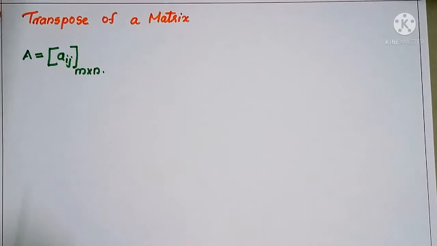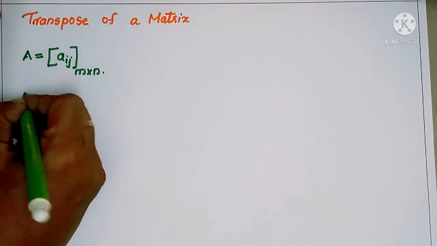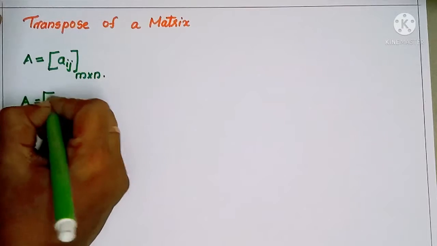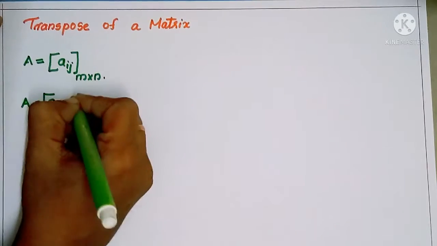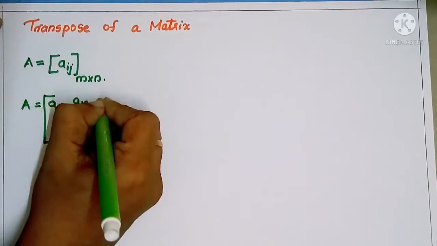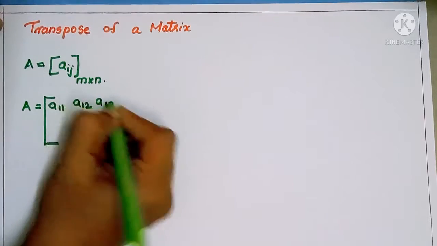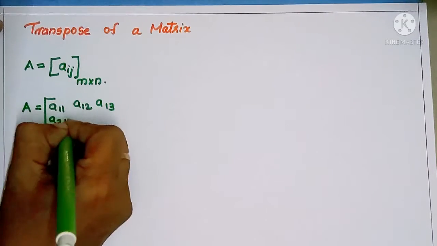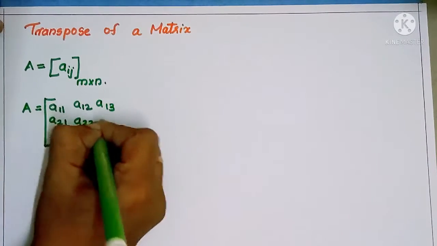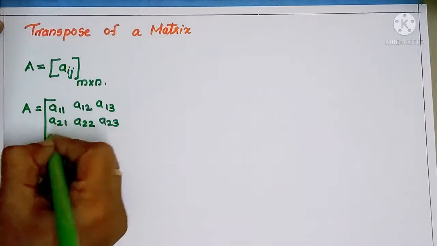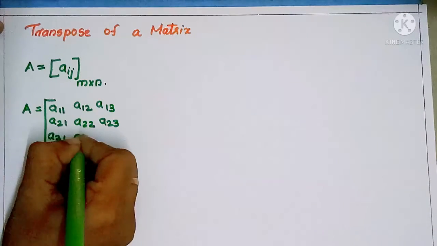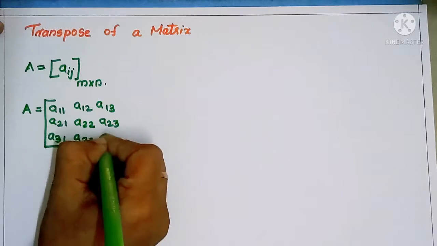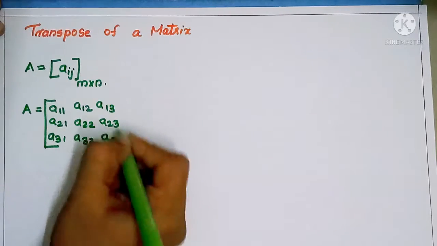We can also write a matrix A in the general form, that is A11, A12, A13, then A21, A22 and A23, A31, A32, A33.